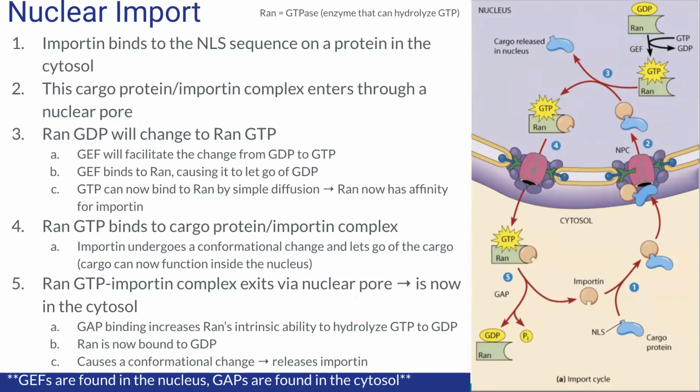All you need to know is that GEF helps exchange GDP for GTP. I'm honestly not sure whether that shows a coupled reaction. No, that's just indicating that RAN, with the help of a GEF, is going from GDP back to GTP. Okay. Good question though.